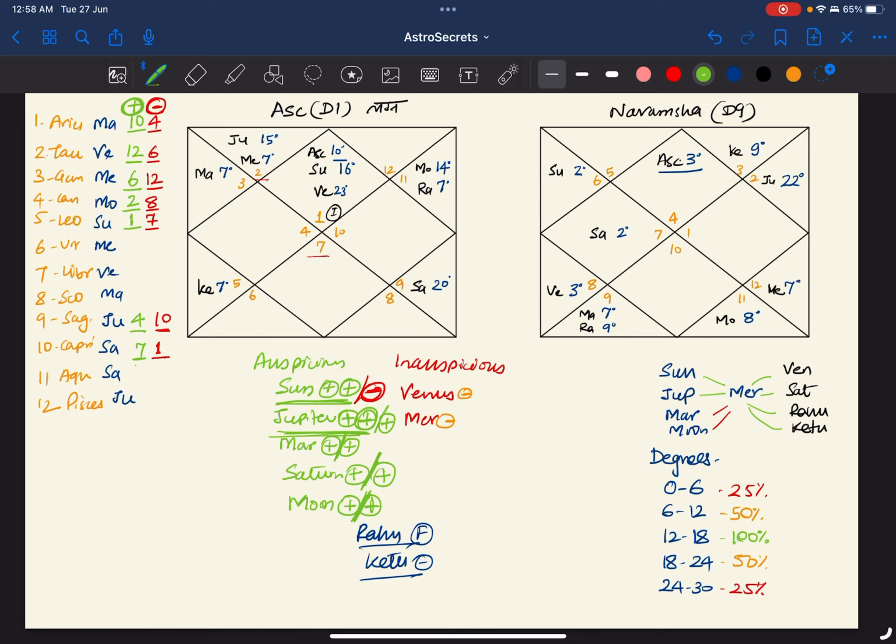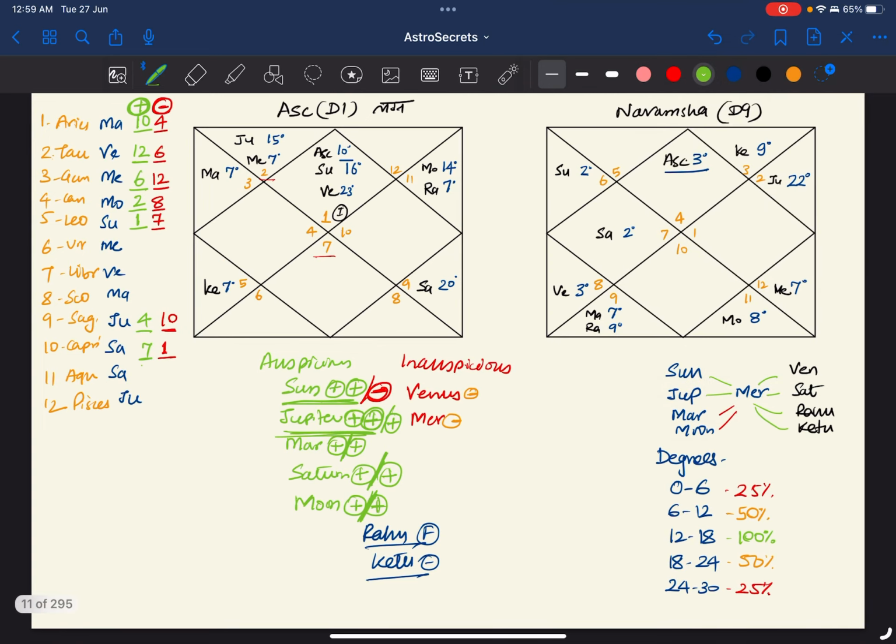However at a very low degree, so around 3 degrees is low basically, right? So 0 to 2 we considered, so around 25% result it will give maybe after a certain period of time, which is, D9 gets activated around 30 or 33 years, so we can consider that as well. Since it is placed well in the D9, we can consider that it is not going to be fully inauspicious, but there may be some element where it will give good results.